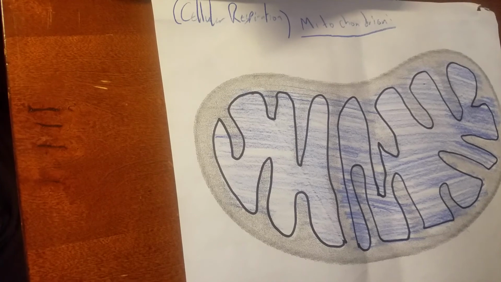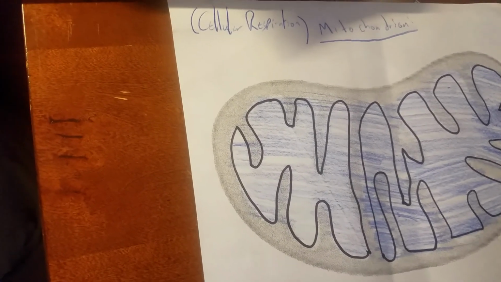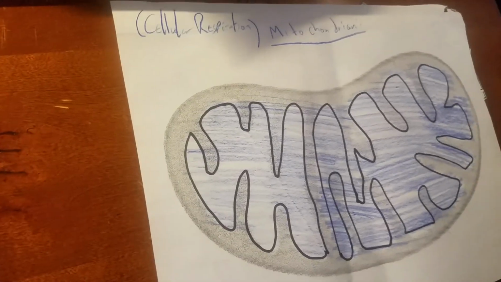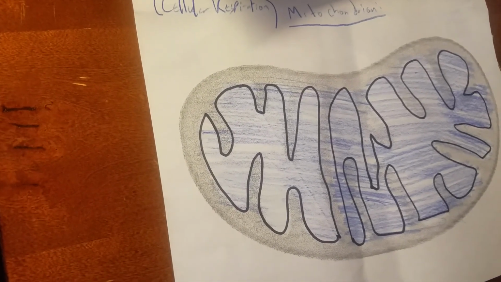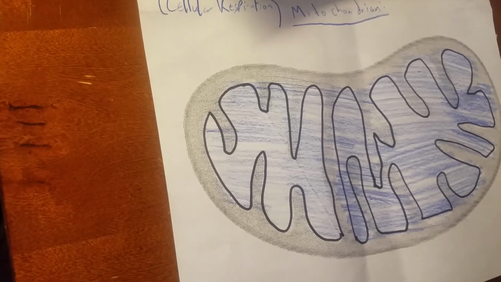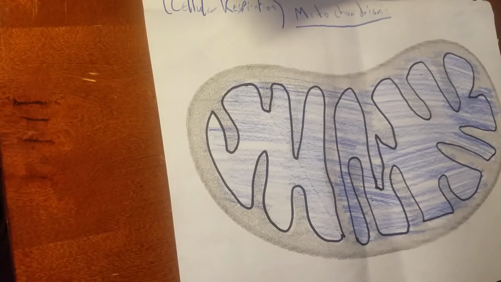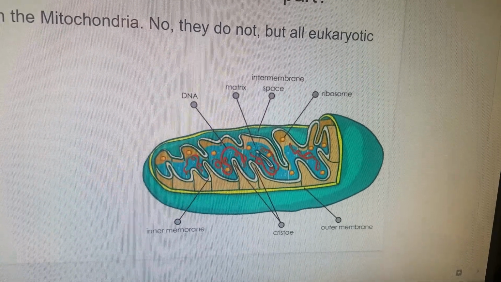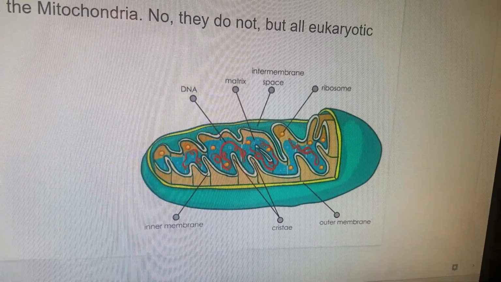Do all the cells of all living things contain mitochondria? No, they do not. But all eukaryotic cells contain mitochondria. This is basically the parts that the mitochondrion is made up of.